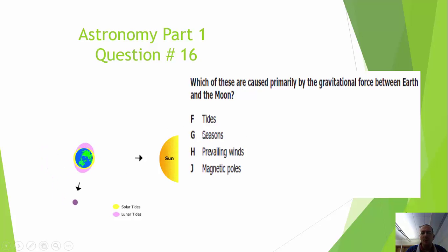As we've talked about before, the tilt of the Earth's axis at 23.5 degrees is really responsible for the seasons. This deals with our direct versus our indirect sunlight. Our prevailing winds really have nothing to do with this, along with our magnetic pole. So the best two answers that we even need to think about are the tides and the seasons. And as we just talked about, the seasons only deal with the tilt of the Earth on its axis.